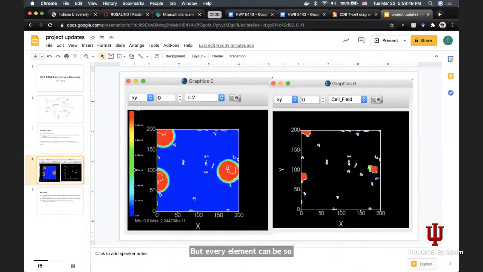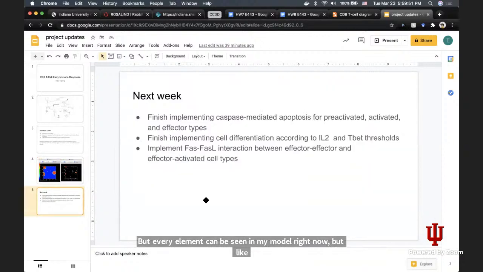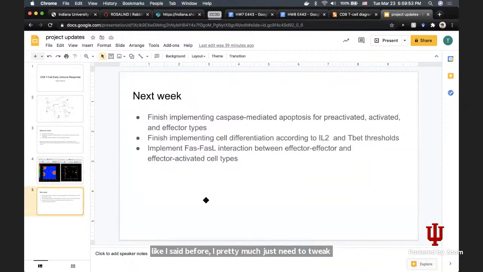Like I said before, I pretty much just need to tweak everything to get it all working in line. And I want to prioritize the IL-2 diffusion field for this week, because that will allow me to see the differentiation for at least pre-activated and activated cell types. And then from there, the T-bet and caspase-mediated apoptosis should be working fine.